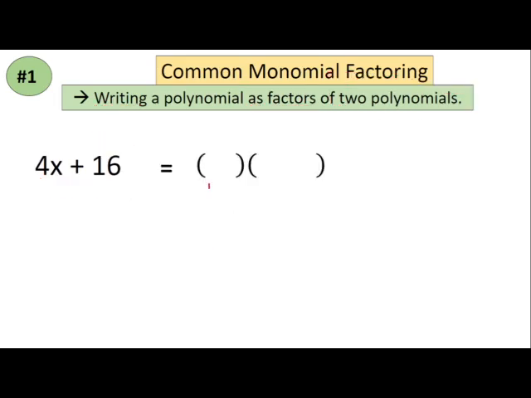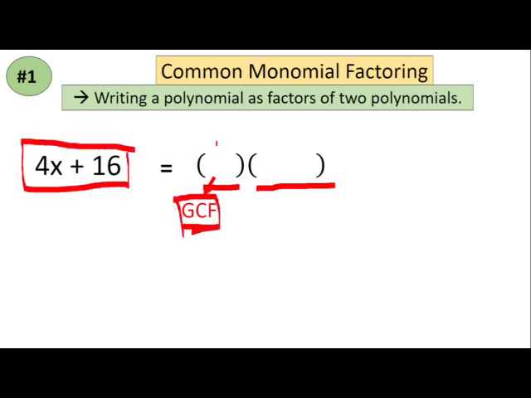To simplify this one, para madali mo nang matandaan, you will have here two pairs of parentheses. And ang kailangan lang natin gawin is this. First, find the GCF of this polynomial because that will be our first factor here.